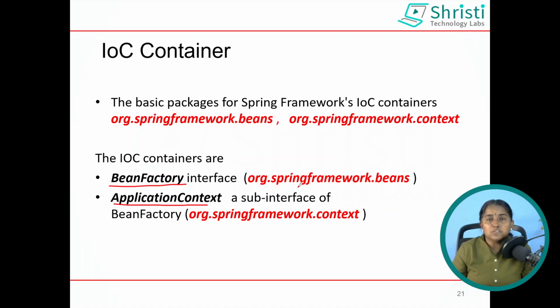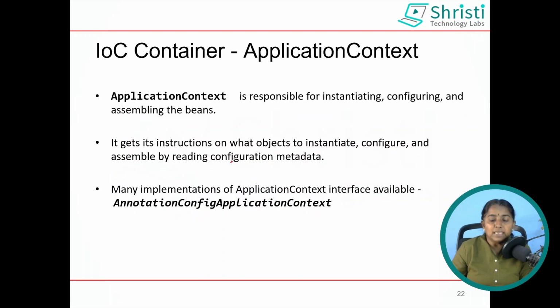These are the packages to which they belong. BeanFactory is the top level interface. ApplicationContext is the sub interface of BeanFactory and it is responsible for instantiating, configuring and assembling the beans. What is a bean? A Spring Bean is nothing but a Java object created and configured by the IoC container.